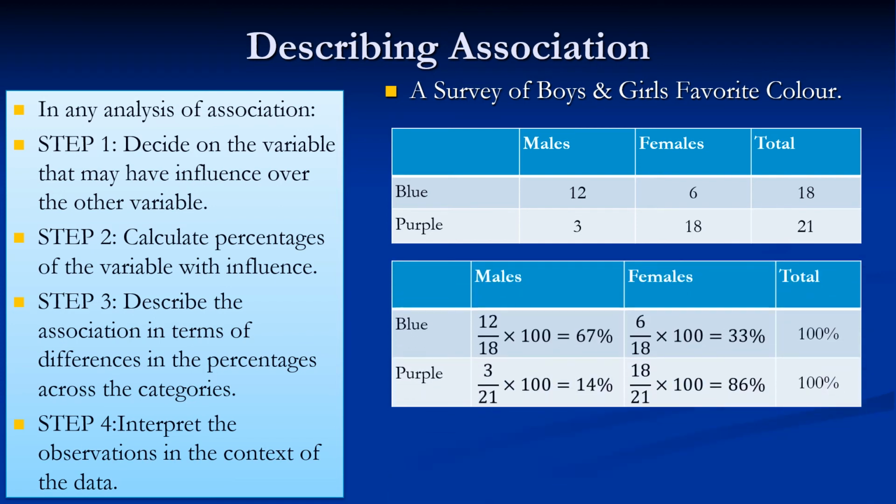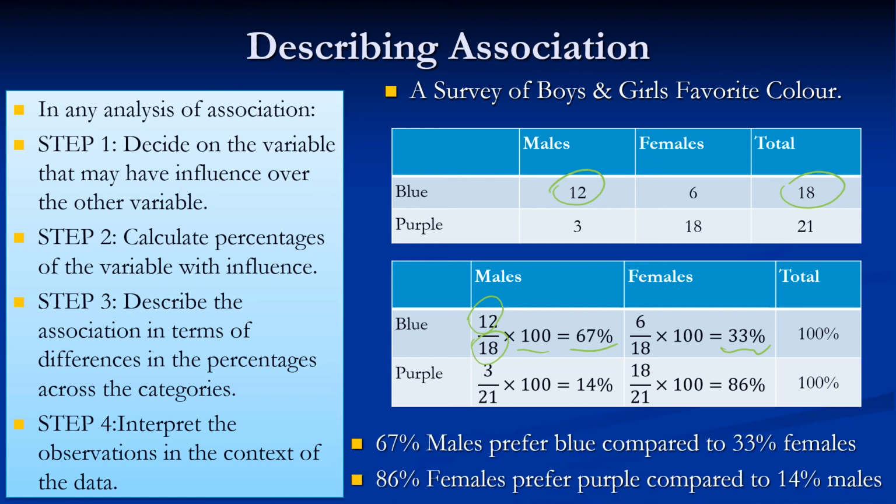What we want to do first of all is just calculate the percentage, and for example, to look at the males that prefer blue, we just go 12 over 18, then times by 100. So we can say 67% of the males' favourite colour would be blue, as opposed to 33% of the females who would prefer blue over purple.